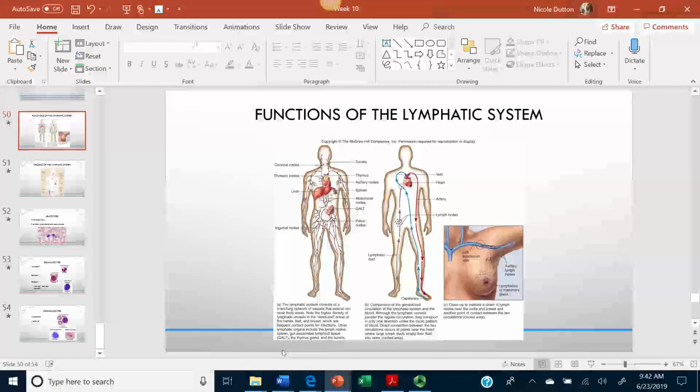The lymphatic system's major job is to clear fluids from the tissues, clean those fluids, and return them to circulation. Why are there fluids in your tissues? Well, the cardiovascular system circulates blood around the body.